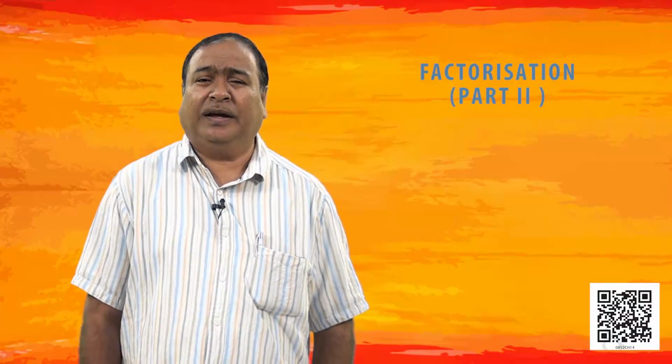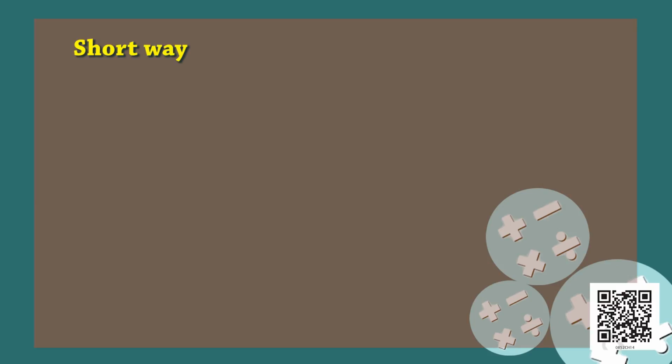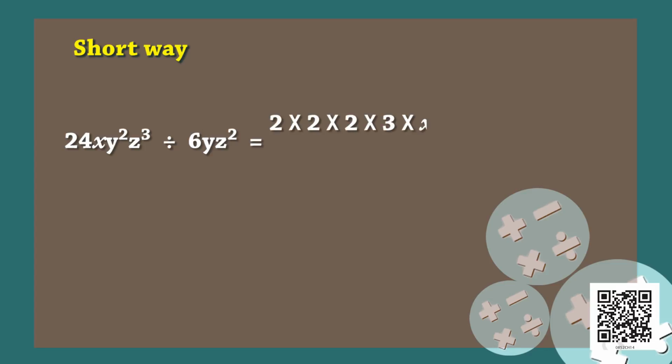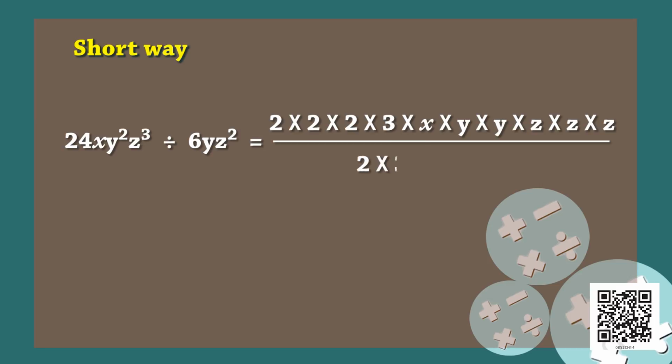A short way to do the cancellation of the common factors is given as follows. 24xy square z cube divided by 6yz square is equal to 2 into 2 into 2 into 3 into x into y into y into z into z into z, divided by 2 into 3 into y into z into z. Now, by cancelling common terms, we are left with 4 into x into y into z, that is equal to 4xyz.